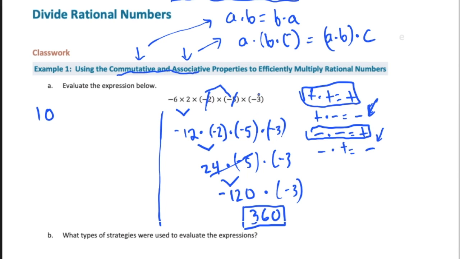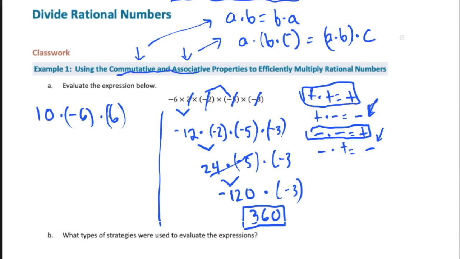I also want to multiply this negative 3 times maybe this negative 2, the small numbers. A negative times a negative will be a positive 6, times negative 6. I can do that. As you can see, I'm keeping myself organized. I'm crossing out the numbers that I already multiplied. Then I have at the end a negative 6 also.